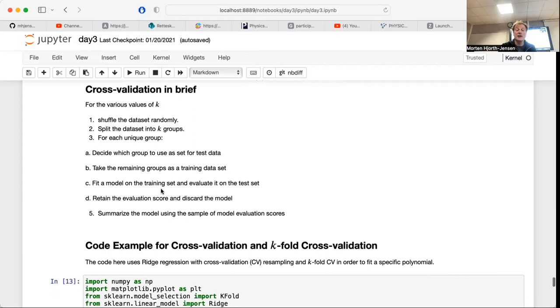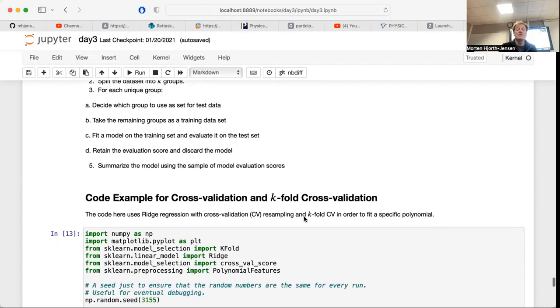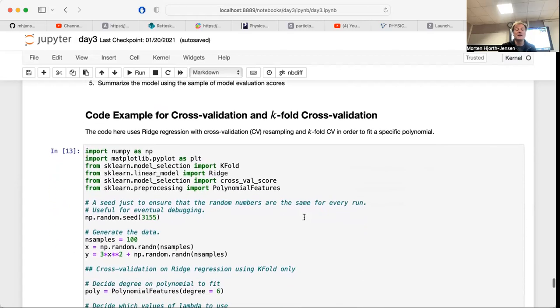You fit a model on the training set and evaluate it on the test set. Then you retain the evaluation scores you calculated for that specific test, and you repeat. At the end, you summarize the model using the sample of model evaluation scores.